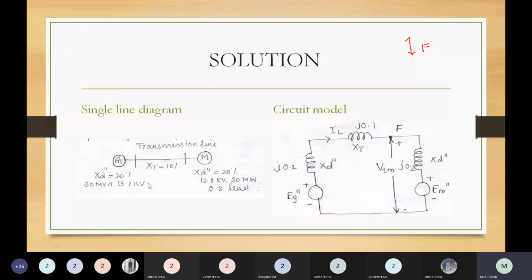The transmission line reactance value is 10%. Likewise, the motor subtransient reactance is 20%, the kV value is 12.8 and the power rating is 20,000 kilowatts, which means 20 megawatts. And the power factor is leading here.